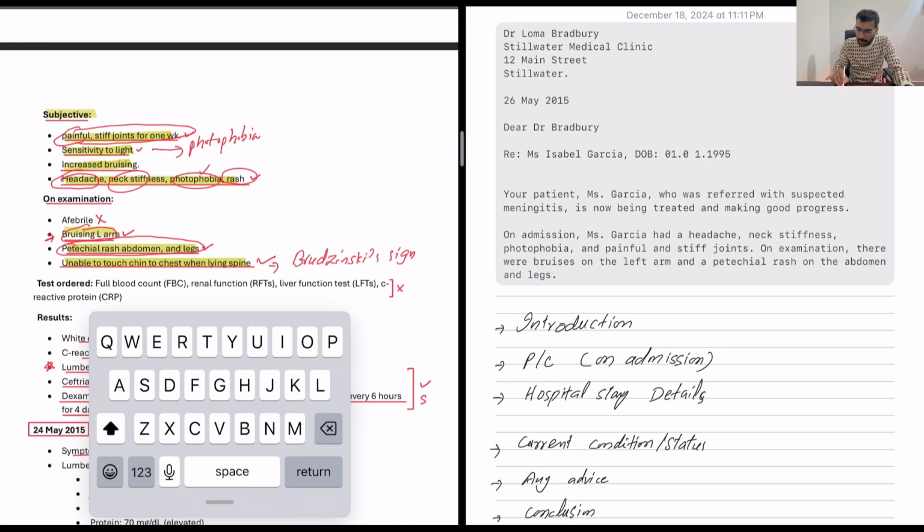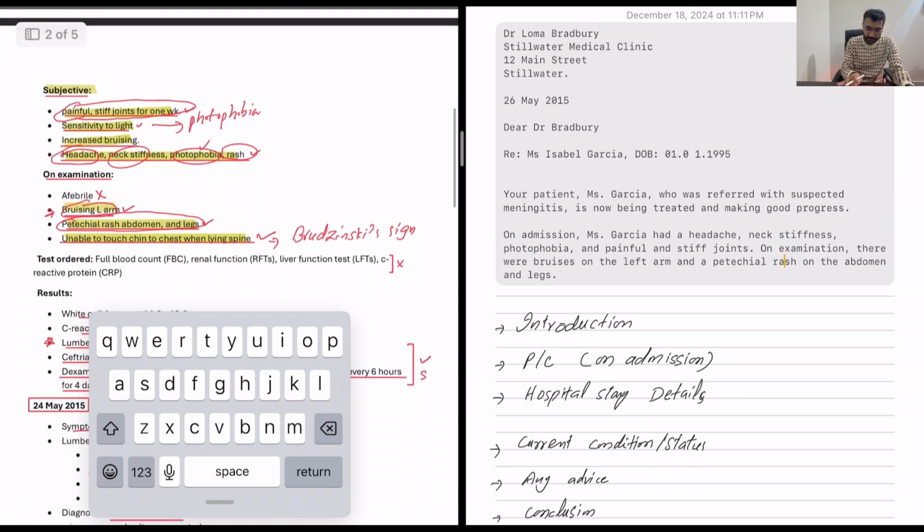On admission, Miss Garcia had a headache, neck stiffness, photophobia, and painful and stiff joints. On examination, there were bruises on the left arm and petechial rash on the abdomen and legs.